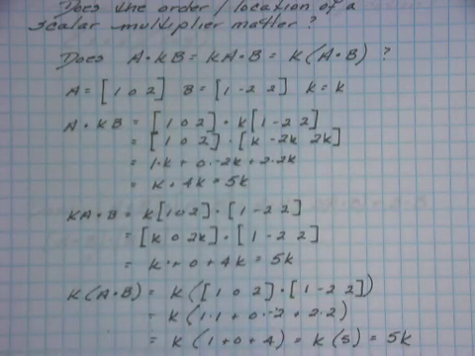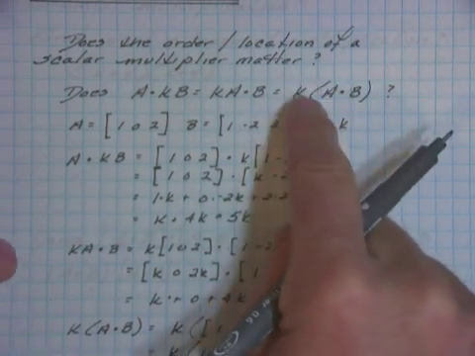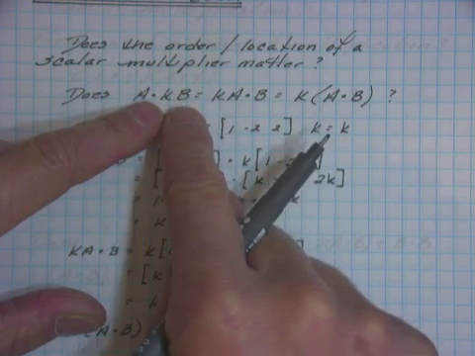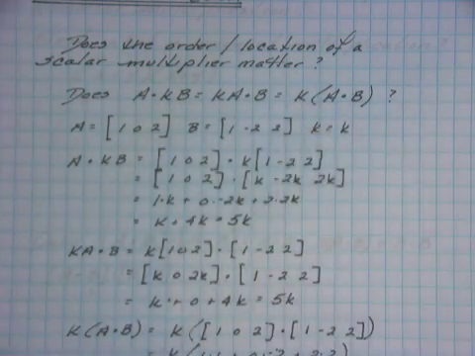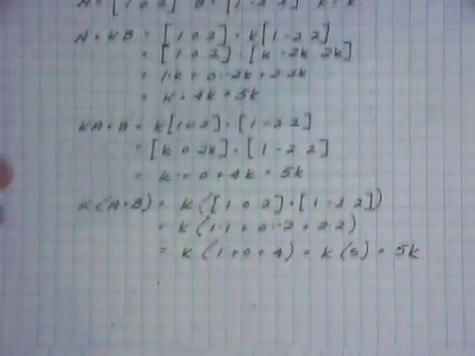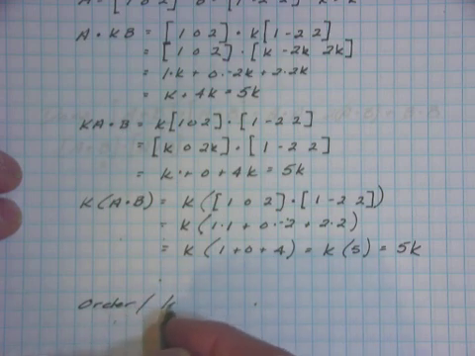So what we've just shown is that the location of a scalar multiplier doesn't matter. We can move it around. So sometimes when you're doing operations, you might want to do the dot product first and then multiply, or you might see that applying that scalar multiplier to either matrix first would be easy, and so you tackle it that way.